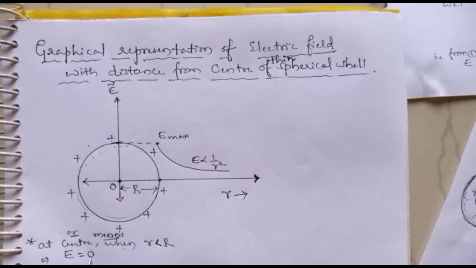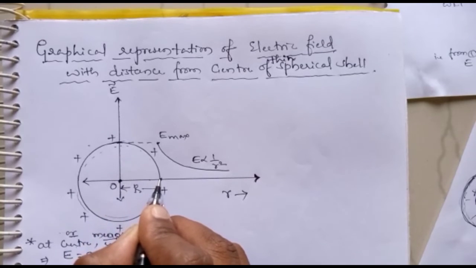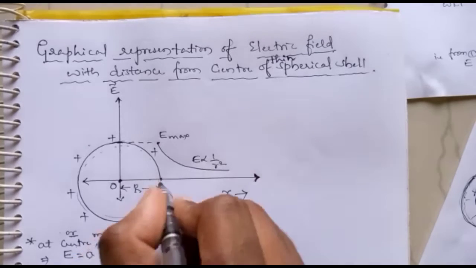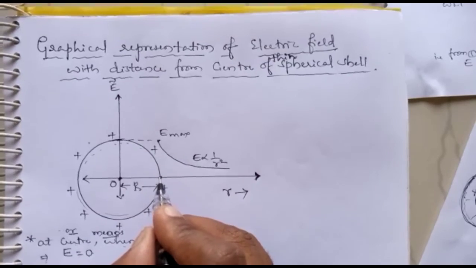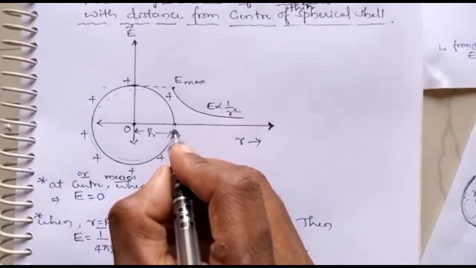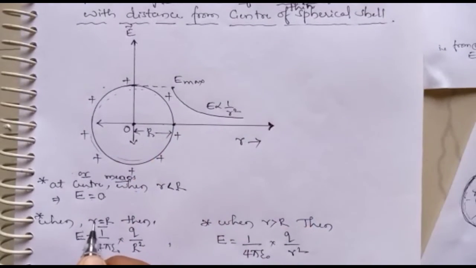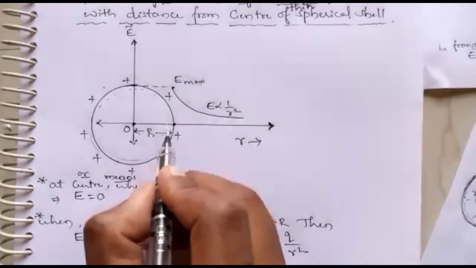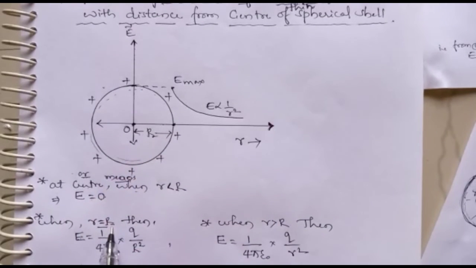The electric field is 0 up to the radius of the surface. Next, when r is equal to R, your point is on the surface of the spherical shell, and the distance becomes the radius of the spherical shell.